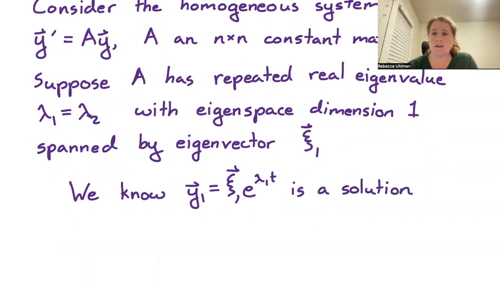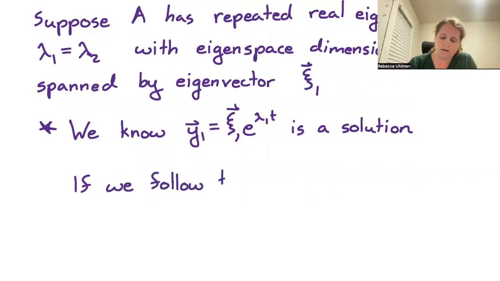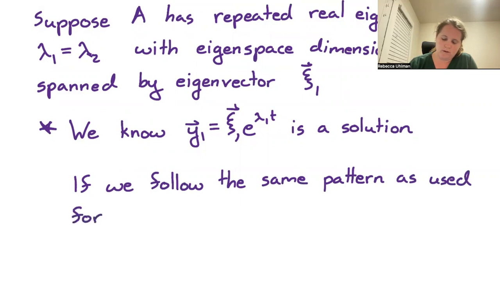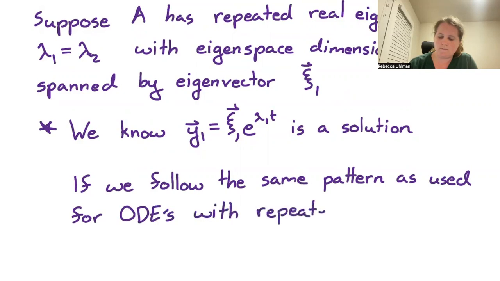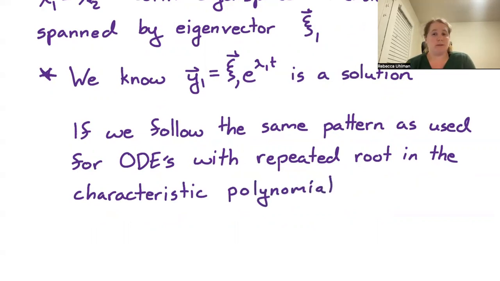If we follow the same technique used for ODEs with repeated root of the characteristic polynomial, then what we would try is just multiplying by t.